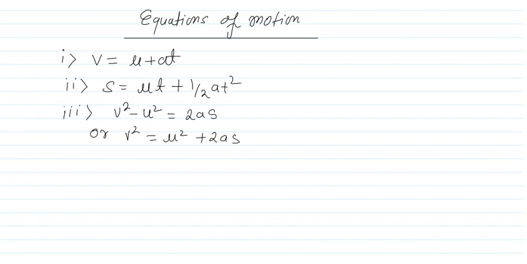So there are many methods that you can prove this equation, but today we gonna prove this equation by algebraic method. Here we gonna use algebra for proving this equation.